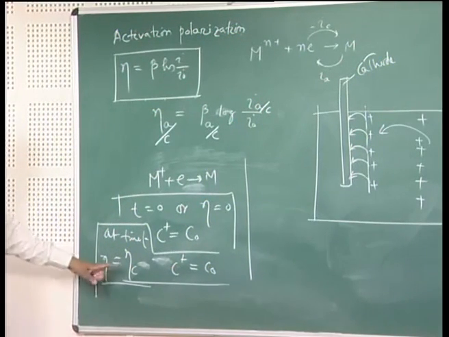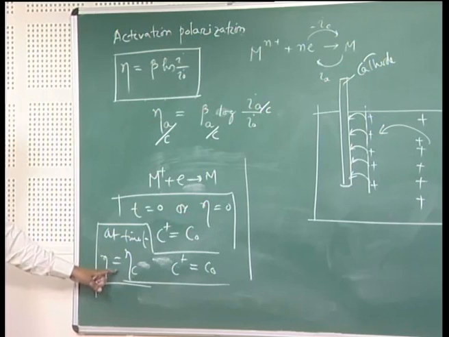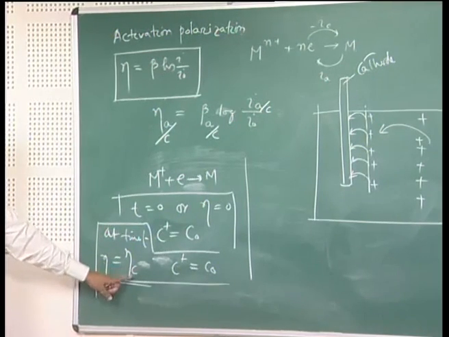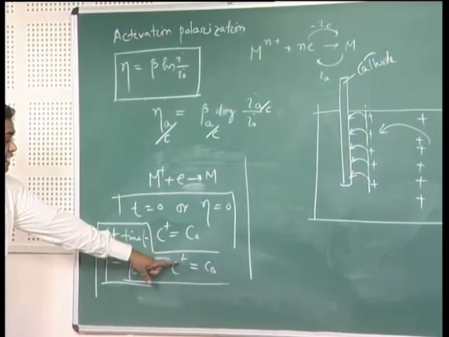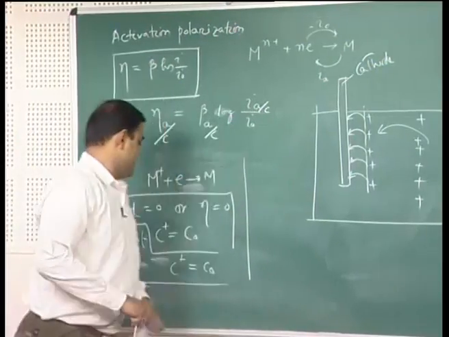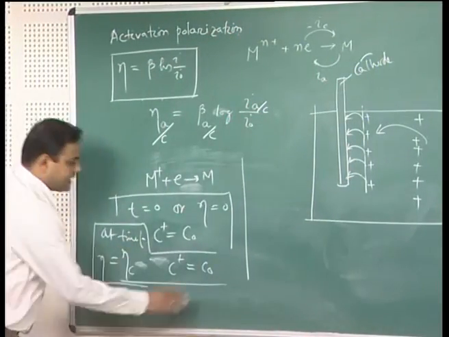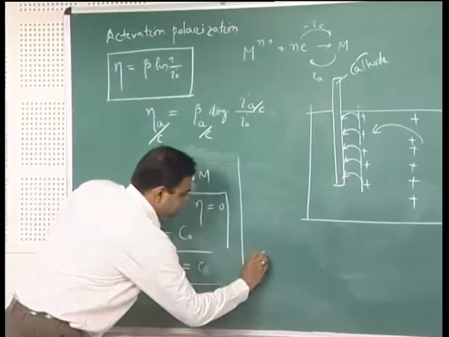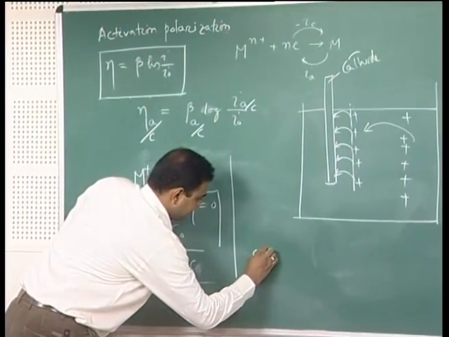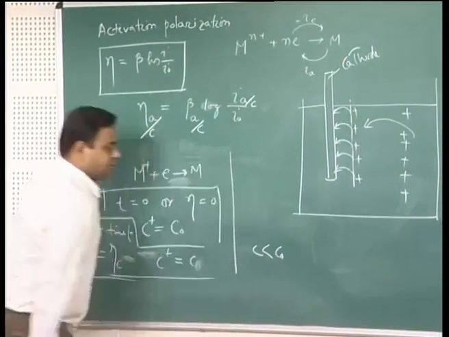If the overvoltage is eta C, and at that time C+ at this surface is not C0, rather it is C, and C is less than C0.